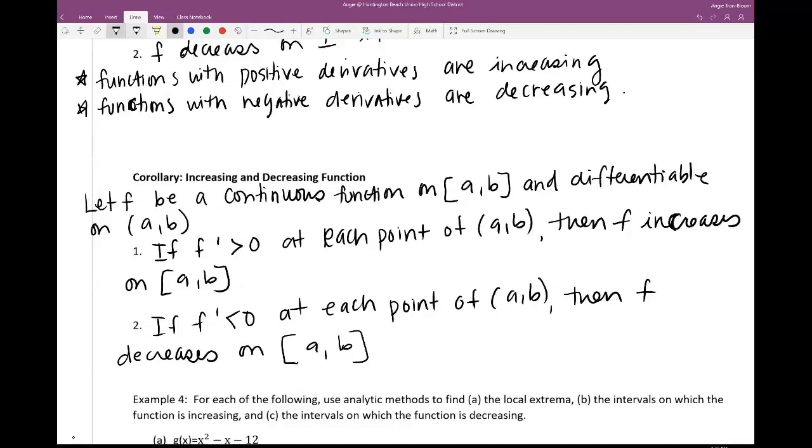So in plain English, what this is saying is that positive derivatives is an increasing function. Negative derivatives is a decreasing function, okay? And let's put that to use for example 4.